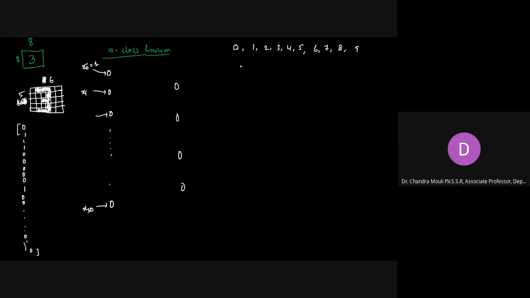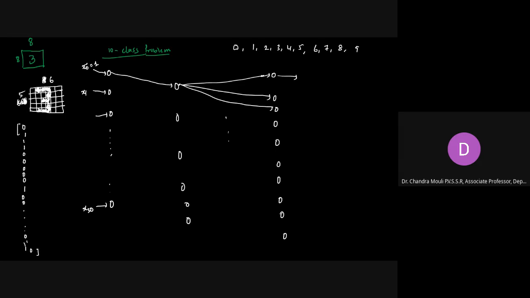So let us say in a generous case you have 10 neurons in the output layer, and some neurons in the hidden layer like this. I'm not drawing all the connections.